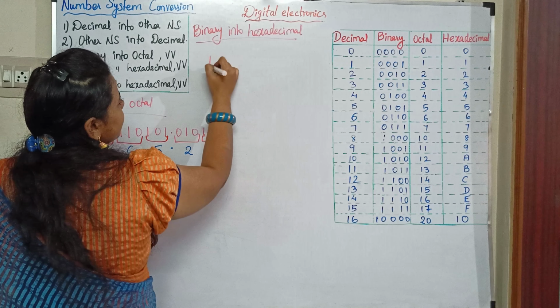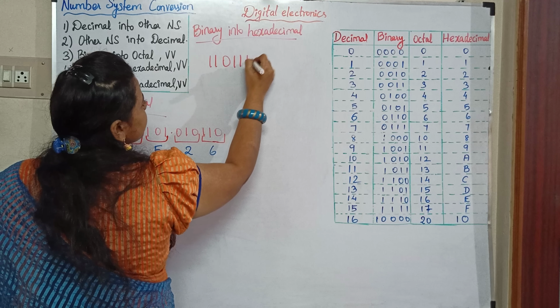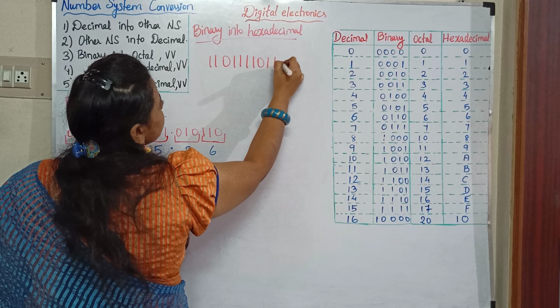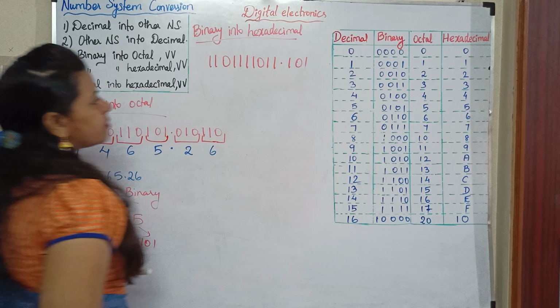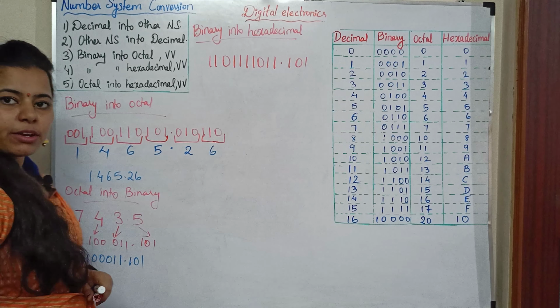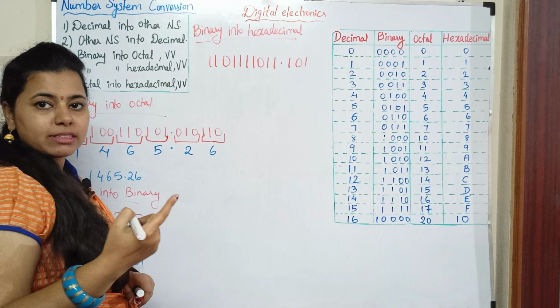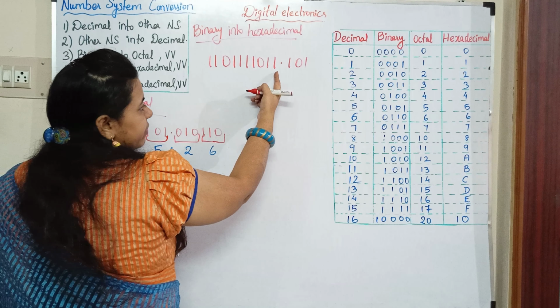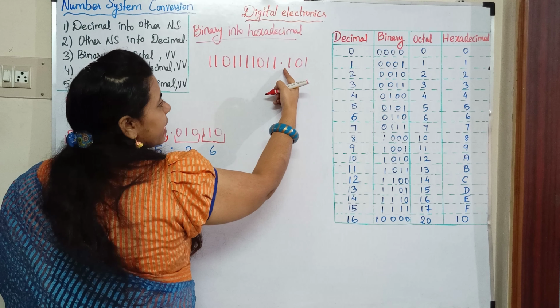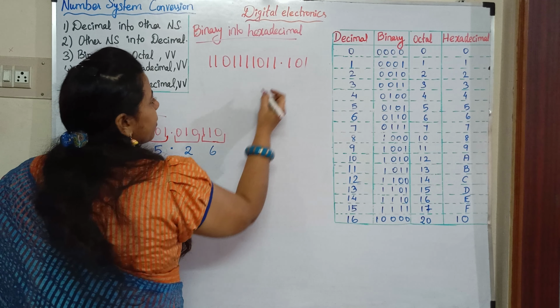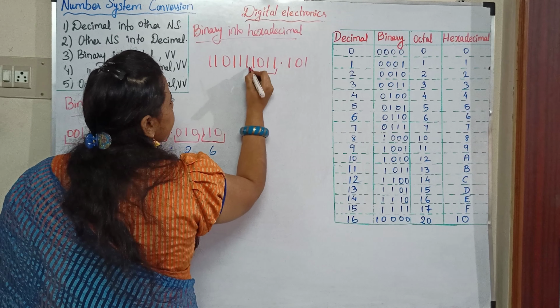For example, consider the value. So here you have to group 4 bits. For integer you have to start from right, and for fractional part you have to start from left. Okay, so now do the grouping.